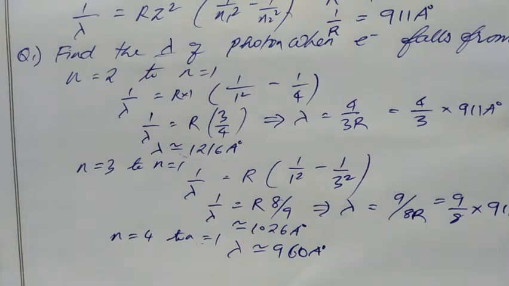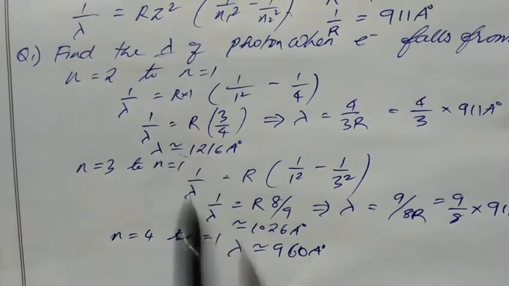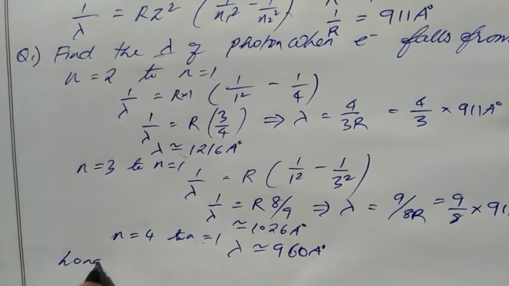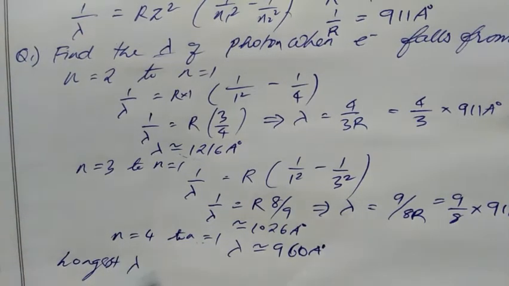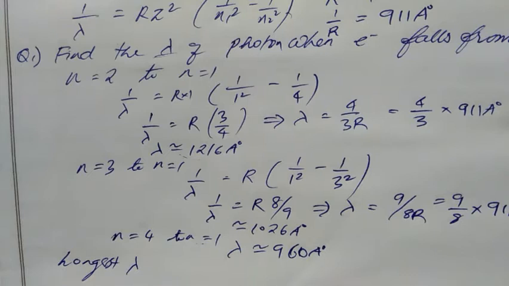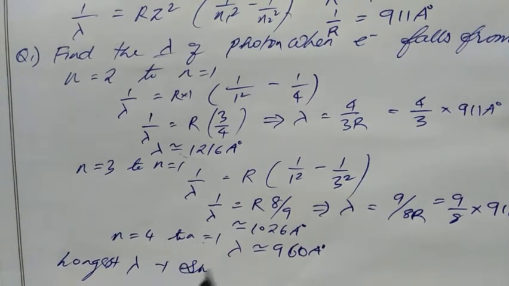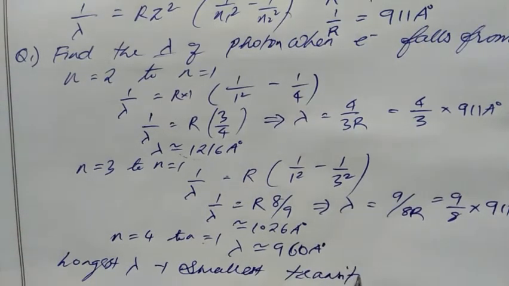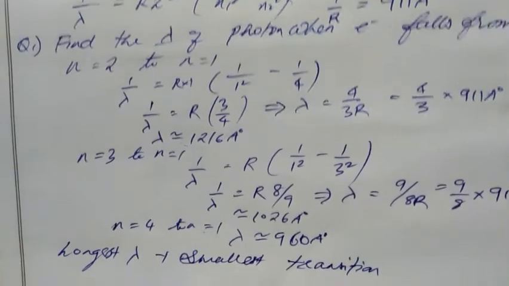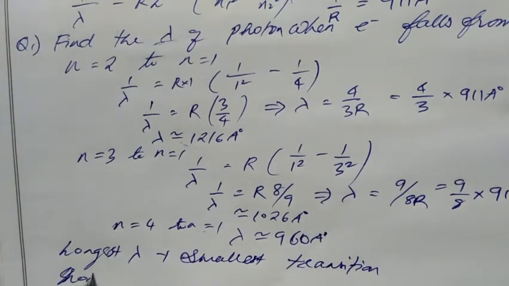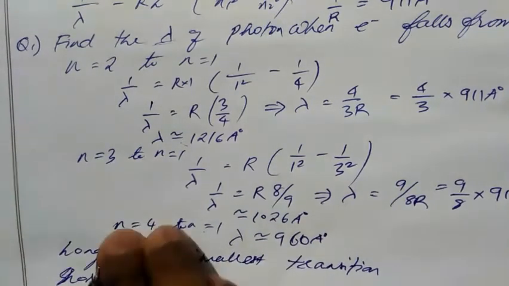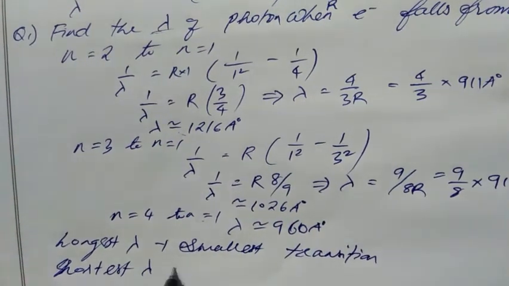From this we can say, if the wavelength is the longest, then the transition is the smallest. See, from 2 to 1, the smallest transition of the electron. Similarly, the shortest wavelength is for 3 to 1 or 4 to 1, which is the longer transition.